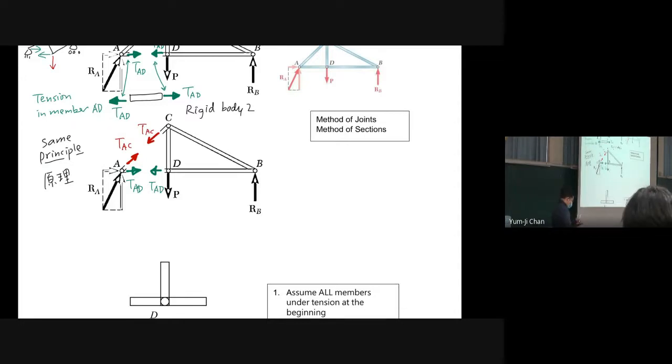So we have two free bodies, two rigid bodies now.